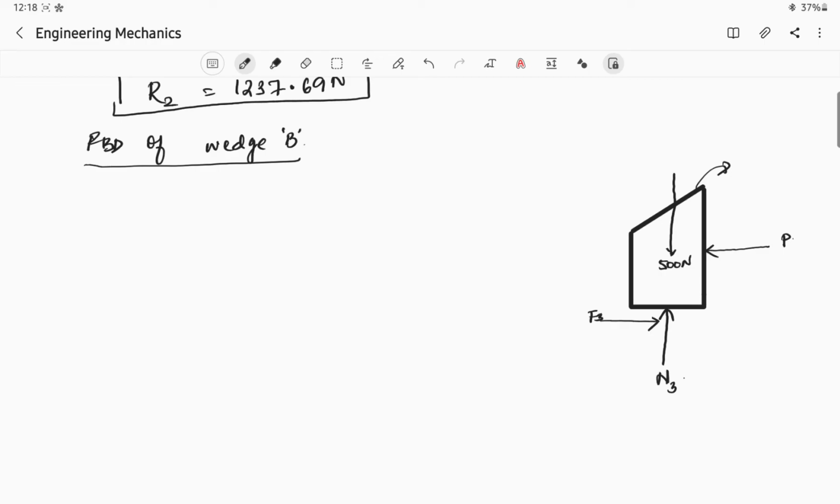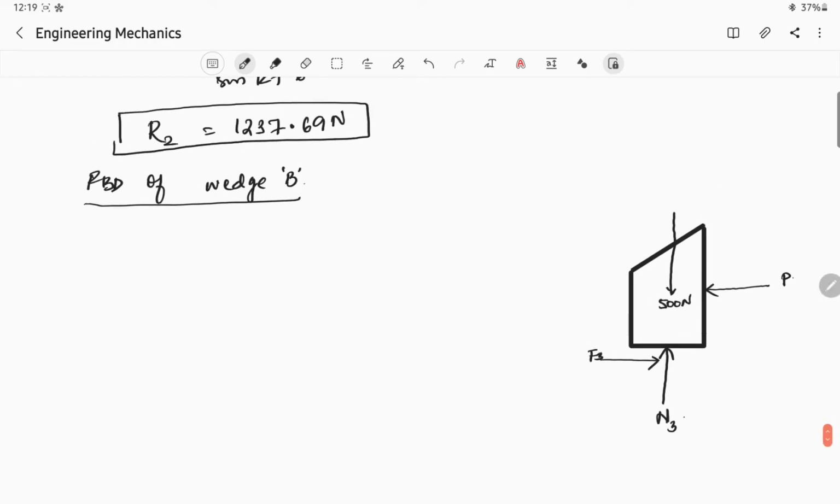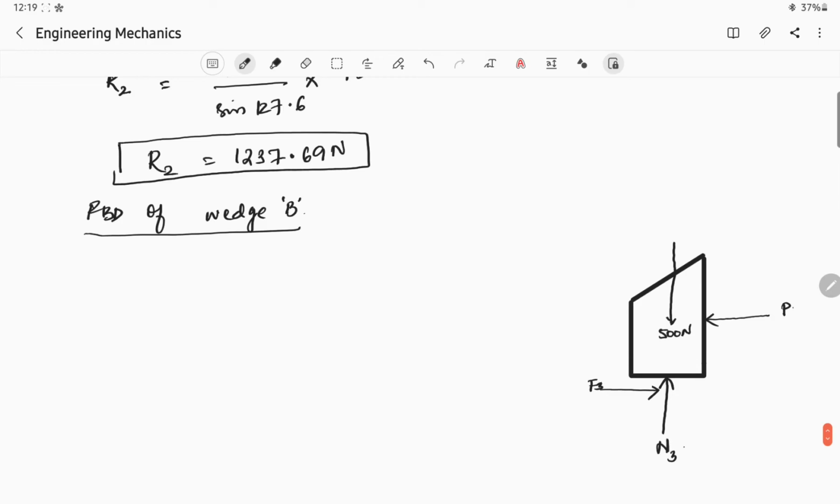Since the block is moving, the reaction will come exactly perpendicular to the surface. Here we have taken R2, which is equal to 1237 newtons.